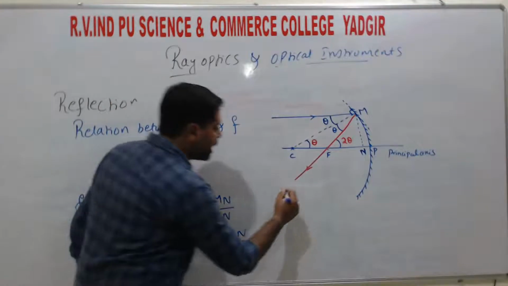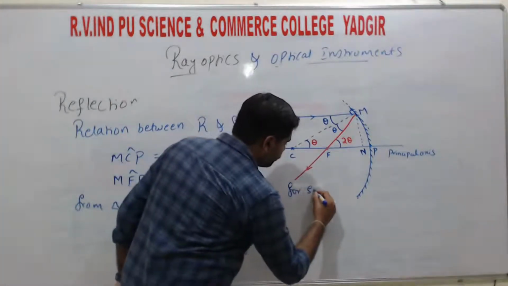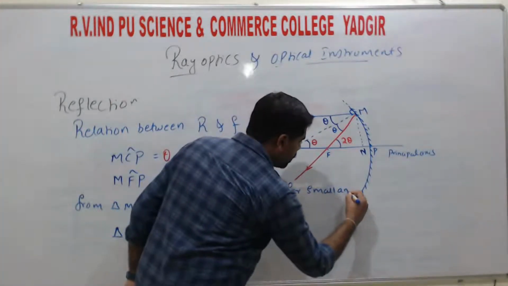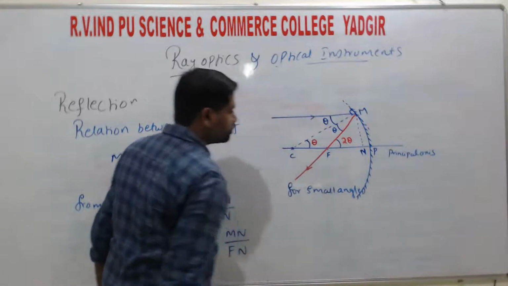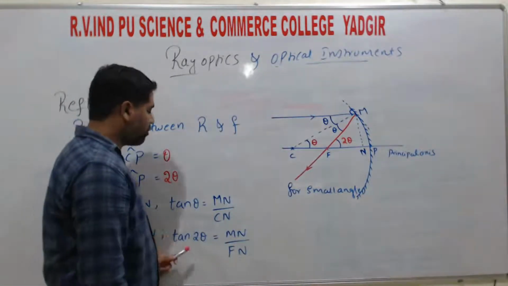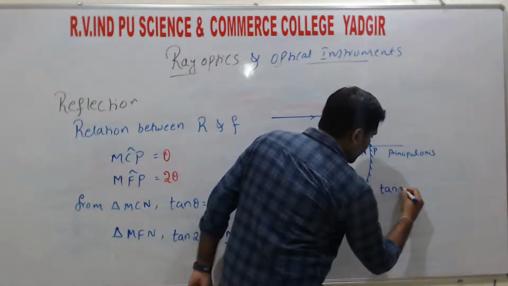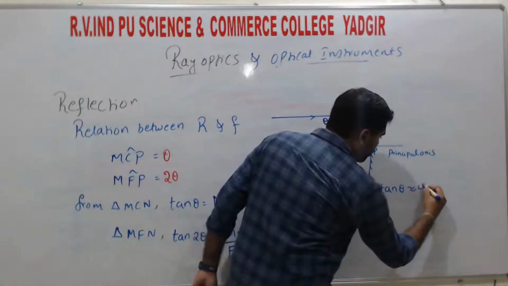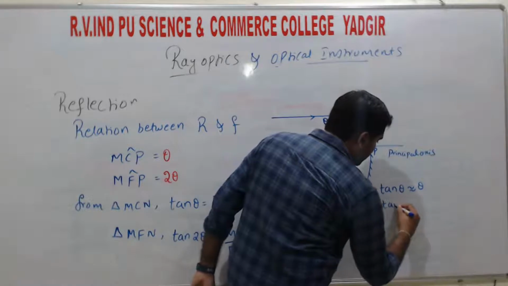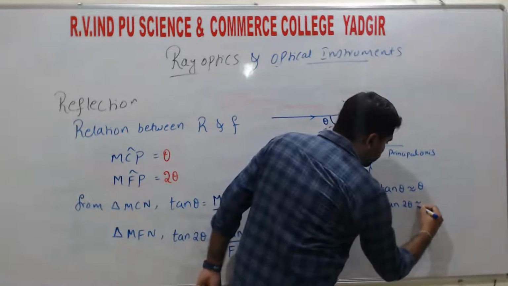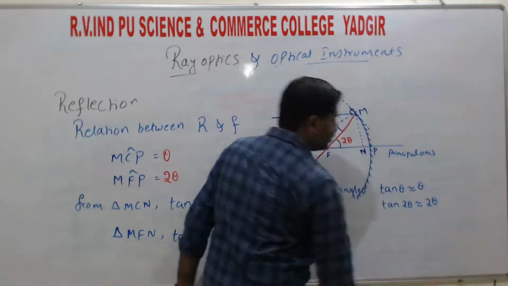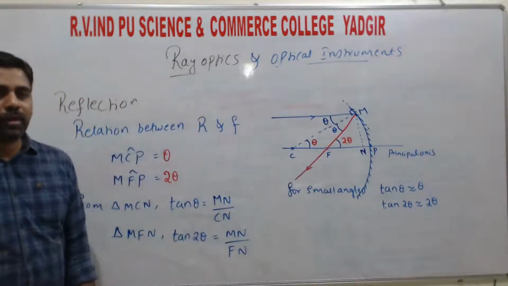So for small angles, that means here we have tan theta and tan 2 theta. So for small angles, tan theta is approximately equal to theta and tan 2 theta is approximately equal to 2 theta. Right?